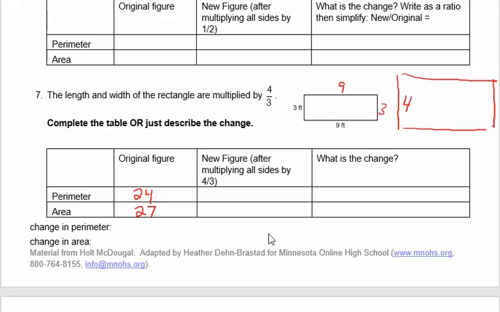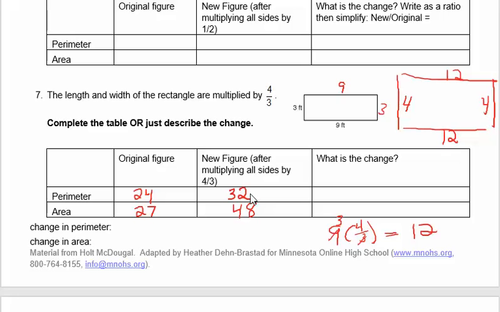And we're going to take 9 times 4/3, and that is equal to 12. So now we have a rectangle that is 4 by 12, so that would be 16 plus 16 is 32 for our new perimeter, and our area would be 48.